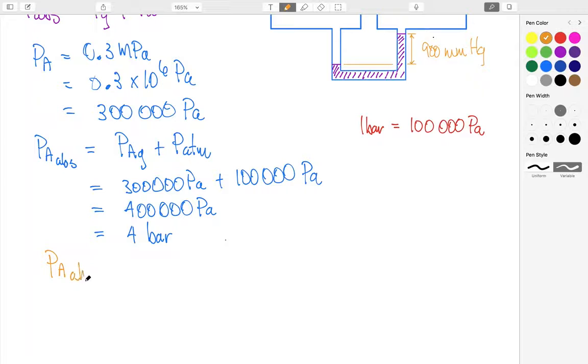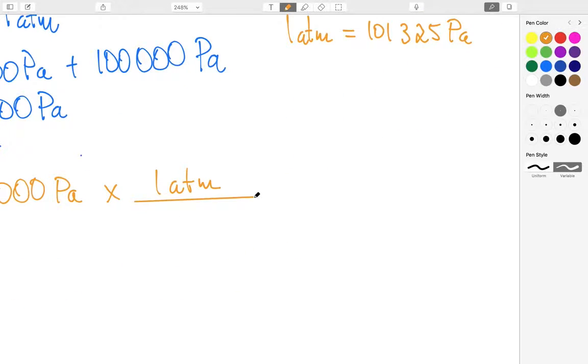So PA absolute is 400,000 pascals times, and the conversion is the following. 1 atmosphere is 101,325 pascals. So I will multiply that by 1 atmosphere per 101,325 pascals.